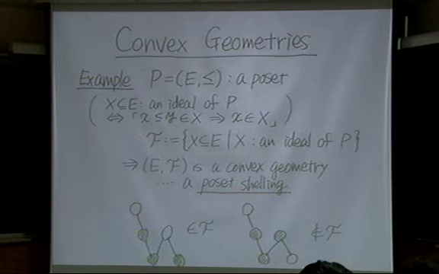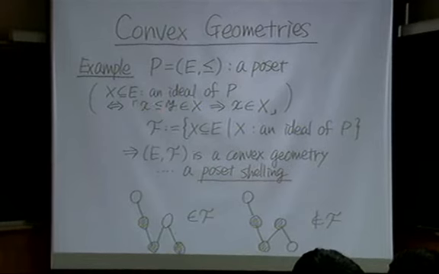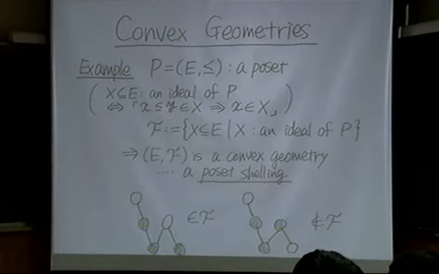poset. Let P be a poset on the ground set E. And a subset X of E is called an ideal of the poset P if the following property is satisfied. That is, if an element Y is in X, then any element lower than Y is also in the set X. Then we call this kind of set X an ideal.